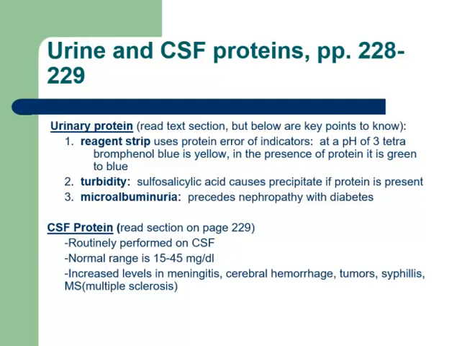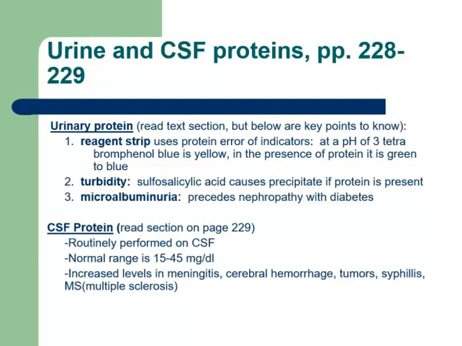If there's sulfosalicylic acid, it could cause a precipitate or a haziness to the urine, indicating there might be a presence of protein in the sample. And you can also do a microalbumin test, and that can be done on your chemistry analyzers. And this is an indication of neuropathy with diabetes.